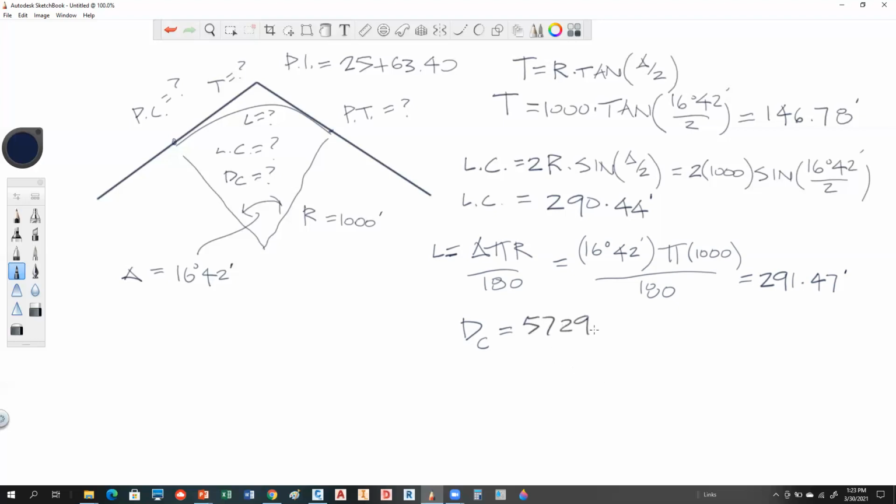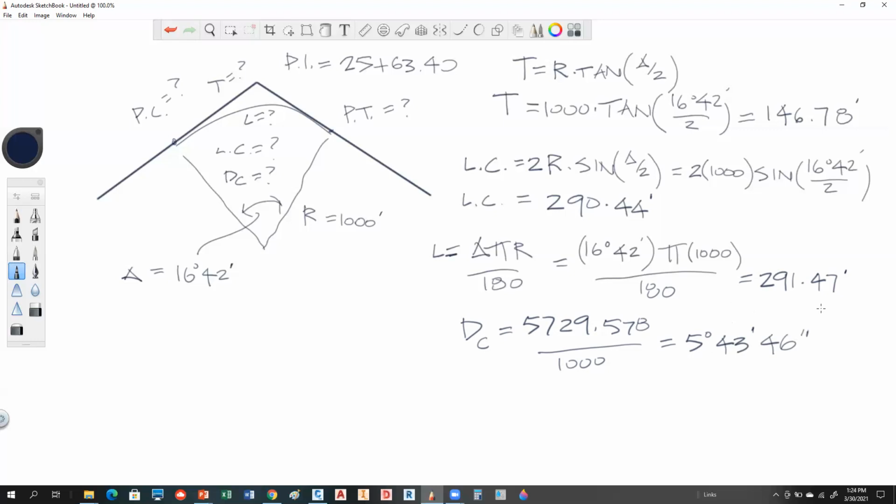5,729.578. That's called the magic number in curves, divided by 1,000. What this is going to give me is a decimal degree, so you'll have to convert that to DMS, because that's usually on a set of plans, expressed as degrees, minutes, seconds. So 5,729.578 divided by 1,000, I get 5 degrees, 43 minutes, and basically 46 seconds and some change.